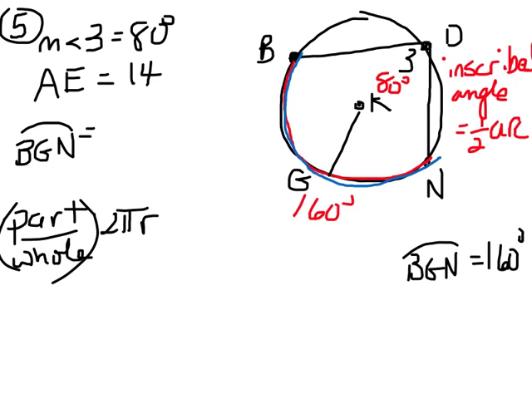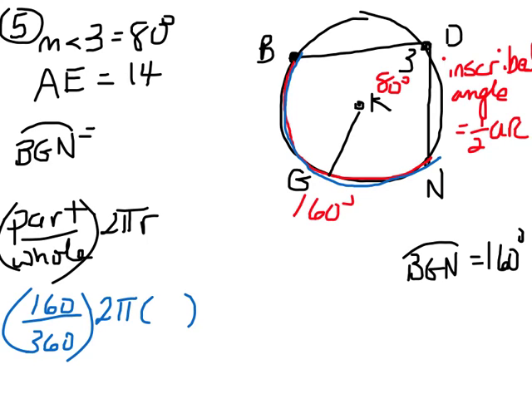How would I make a fraction that says 160 degrees of the whole circle? Yeah, 160 over the whole circle, 360. So there's my part to whole. It always starts out being over 360. And I need a radius, and I bet they gave me one or some way to find it. They gave us a diameter. Okay, so let me go back to black and let's draw in. They're talking about AE here.